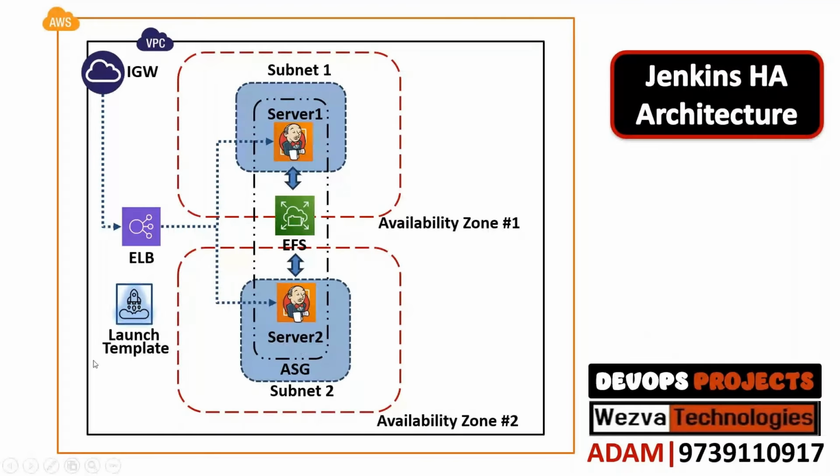In AWS, when you define a launch template, you will say which AMI you have to take. AMI means the image. The AMI will be based on Ubuntu or CentOS or Fedora or Red Hat. But that AMI will not have the application like Jenkins.